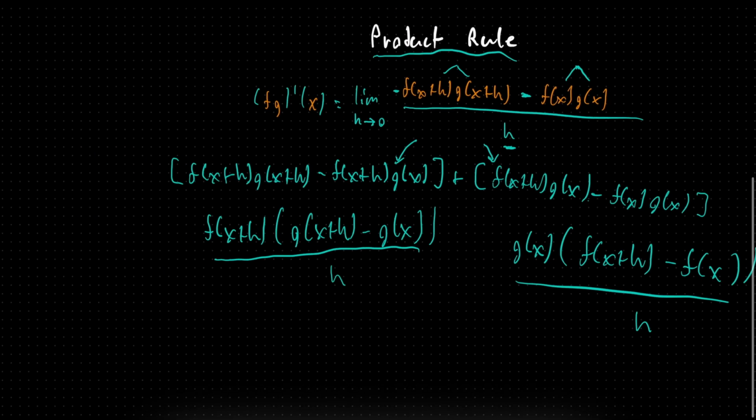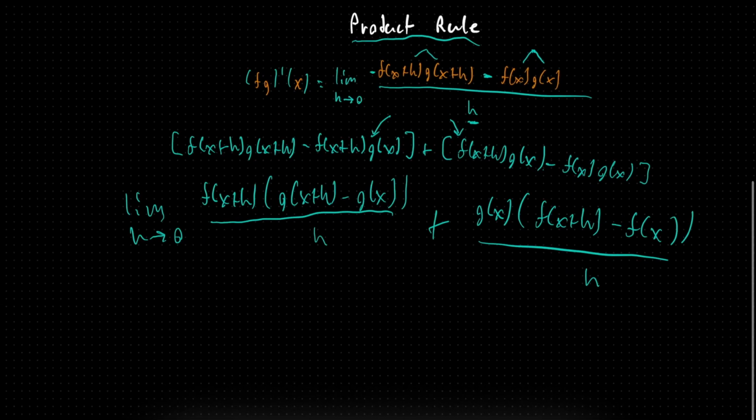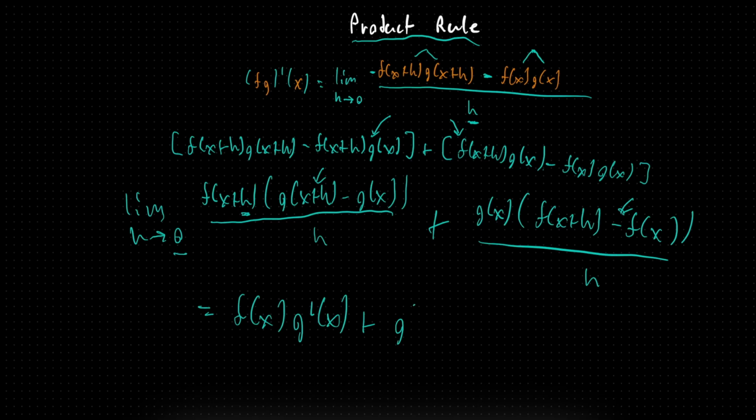If I were to take the limit as h approaches 0 of these two, you could see right away that this is the limit definition of a derivative for g of x here and for f of x here. So this would come out to f of x, remember h is approaching 0, so this will also approach 0, times g prime of x plus g of x times f prime of x.